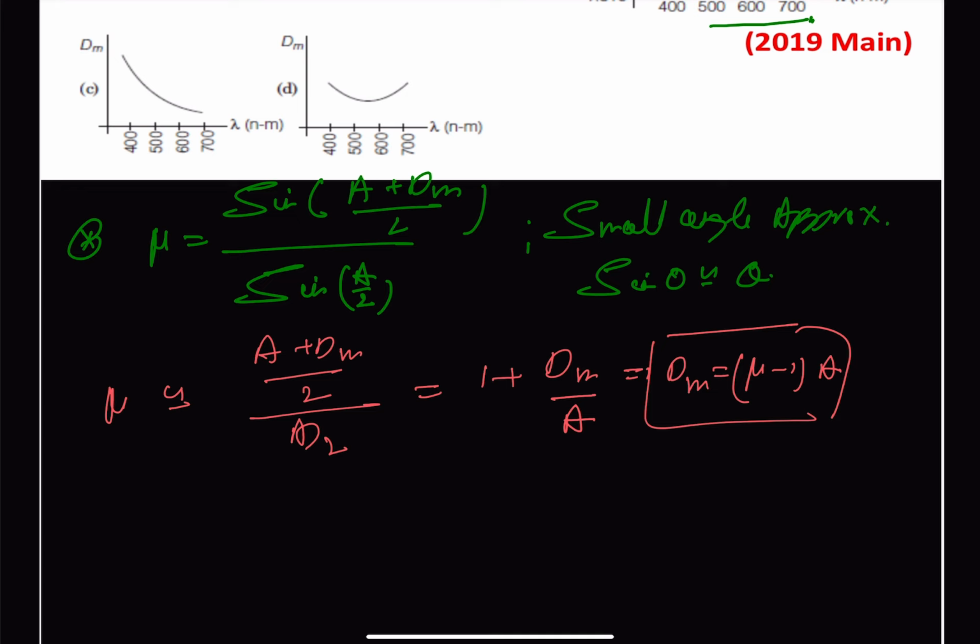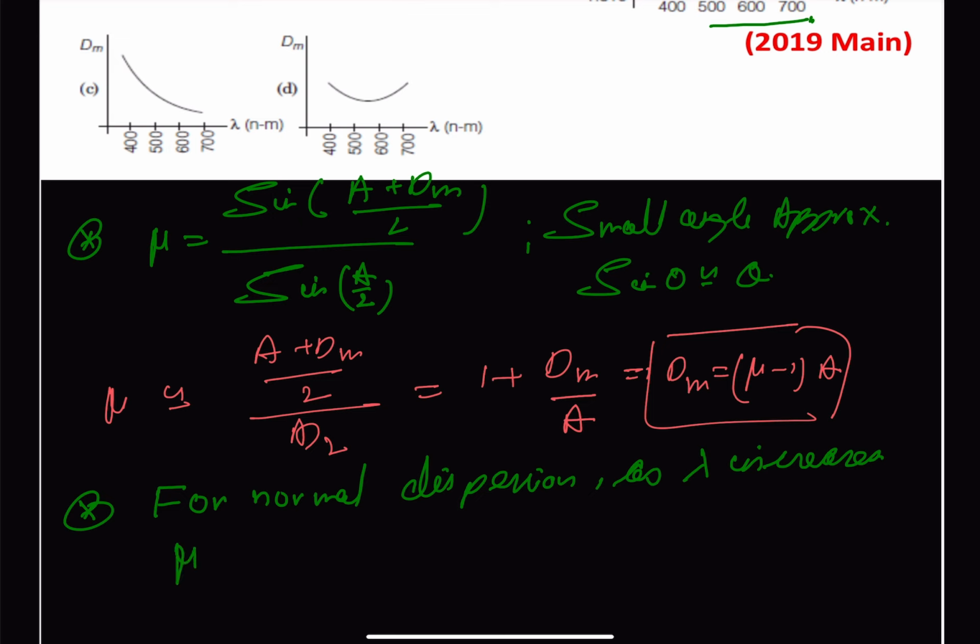For normal dispersion, as the wavelength increases, the refractive index mu decreases.